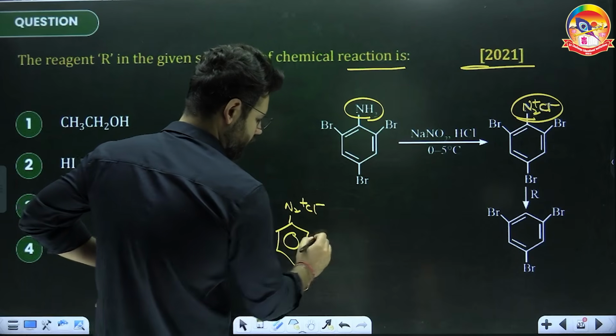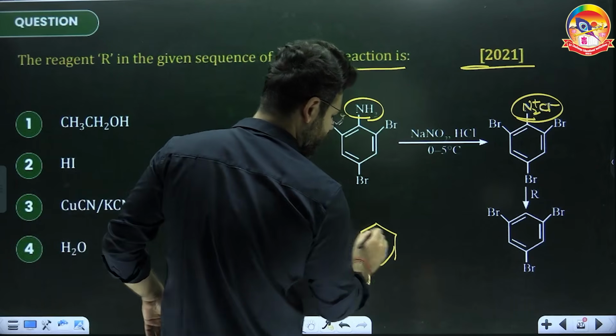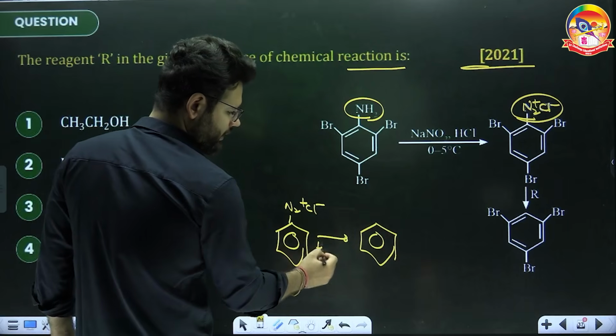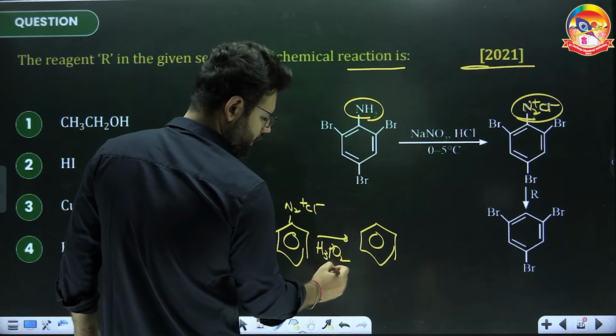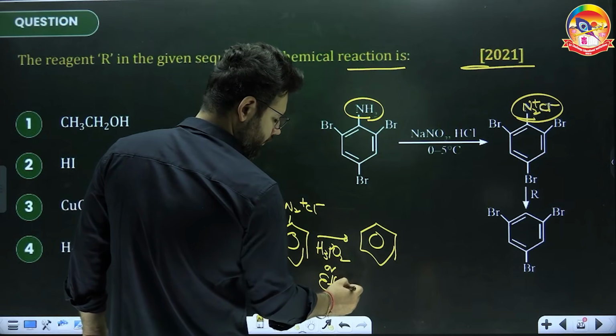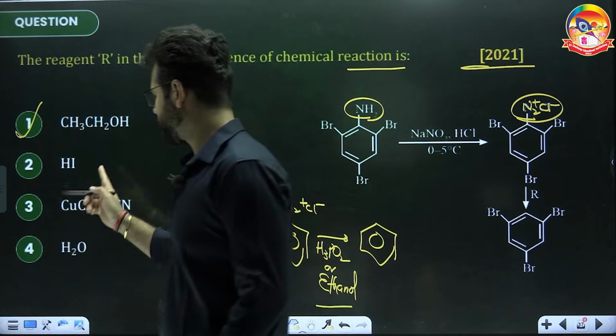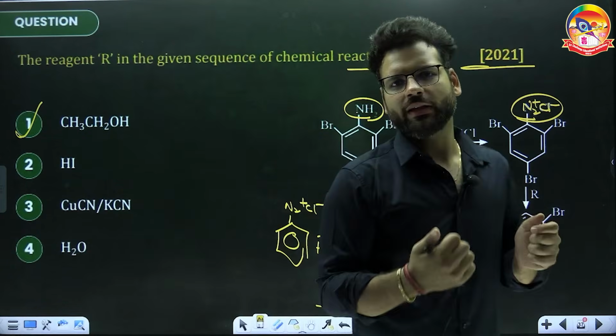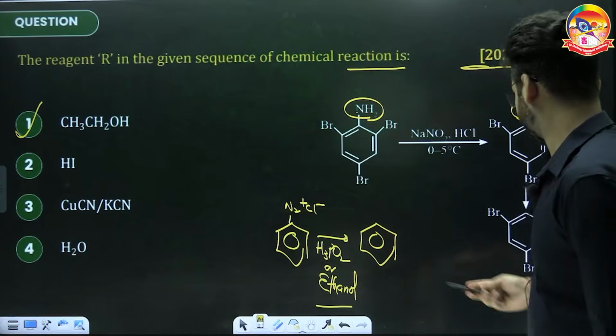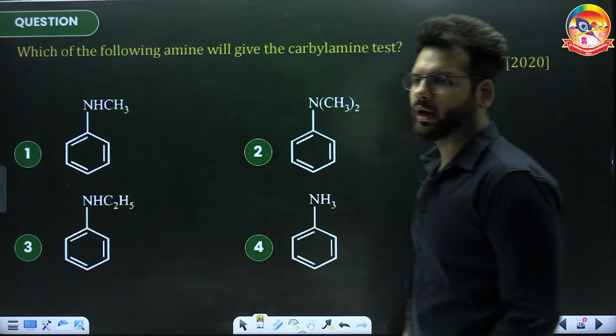If you want to reduce a diazonium to just a phenyl group or a benzene ring, either use H3PO2 or you can use ethanol. These are 2 reducing agents which work here. So ethanol is given here, H3PO2 is not given here, gives us the final answer as ethanol. Okay, I hope it makes sense.